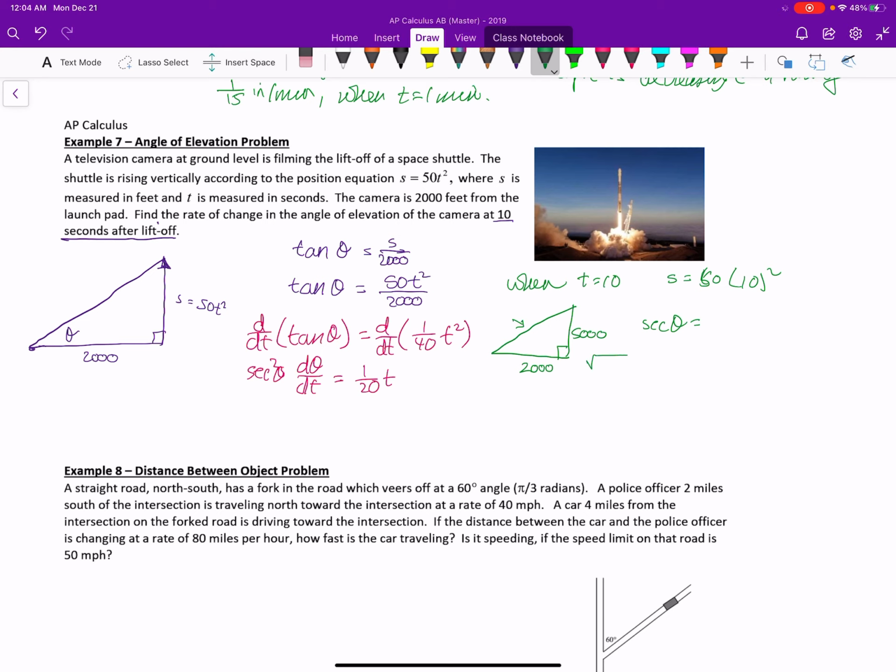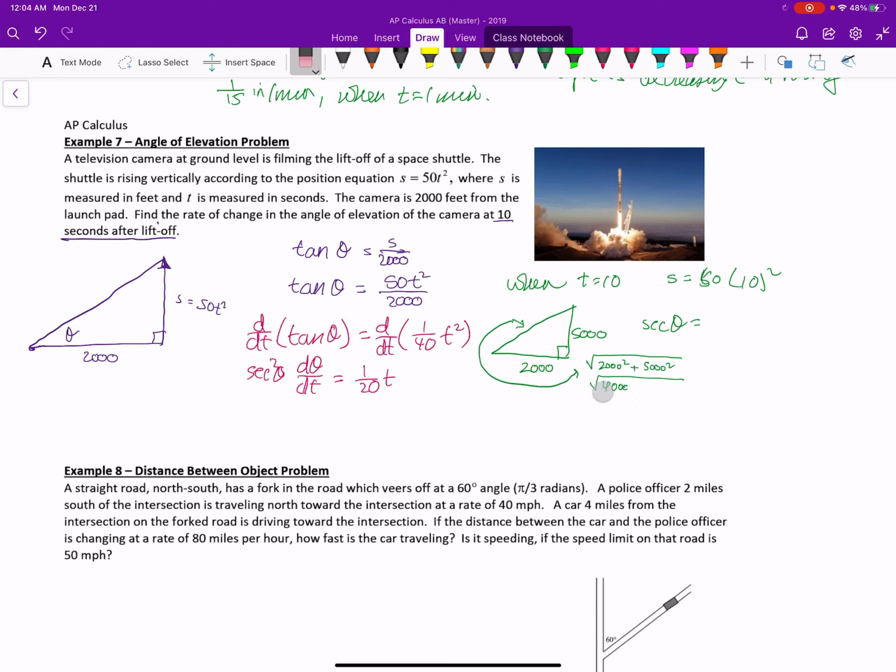That's going to be the square root of 2,000 squared plus 5,000 squared, which is 4 million plus 25 million, which is 29 million. Oh look, I can take out 1,000.